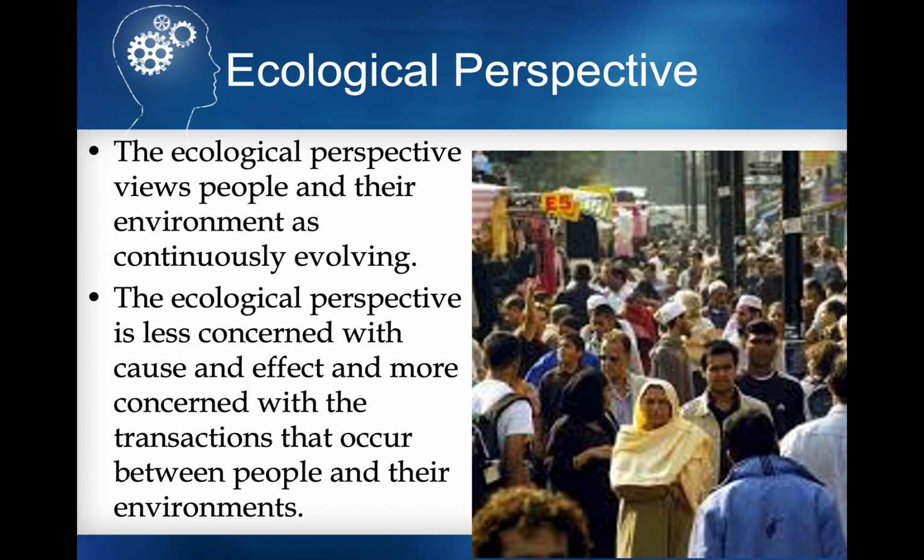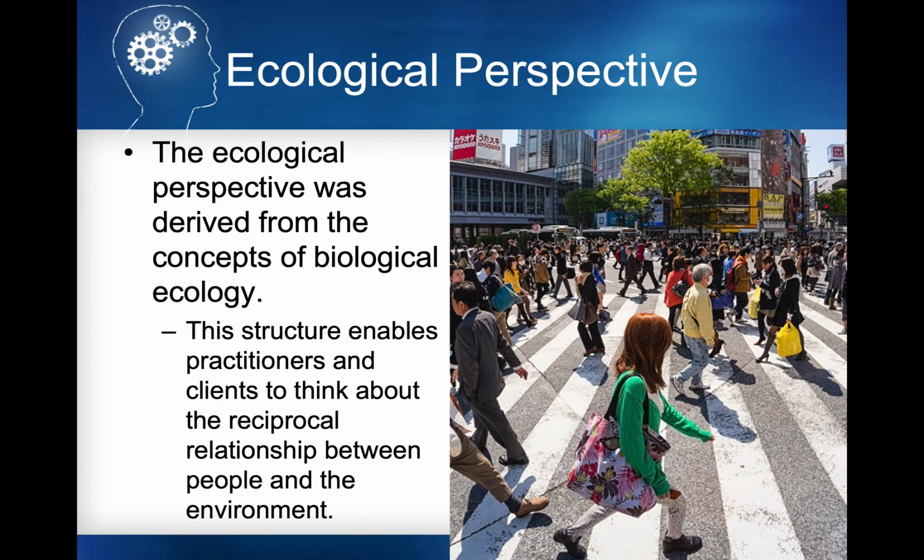The ecological perspective views people and their environment as continuously evolving. The ecological perspective is less concerned with cause and effect and more concerned with the transactions that occur between people and their environments. The ecological perspective was derived from the concept of biological ecology. This structure enables practitioners and clients to think about the reciprocal relationship between people and their environment.